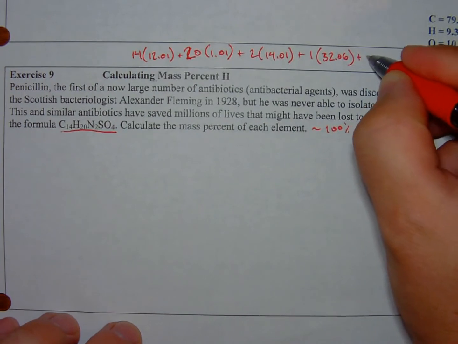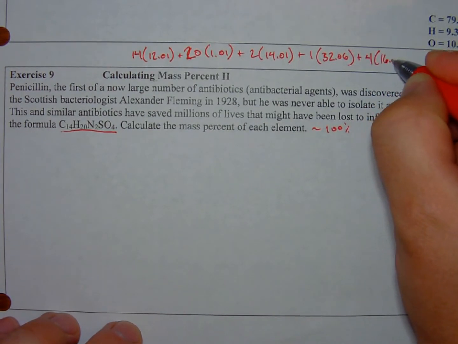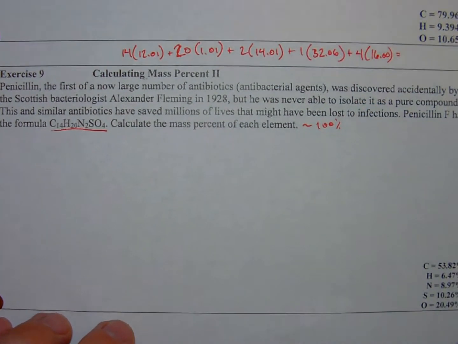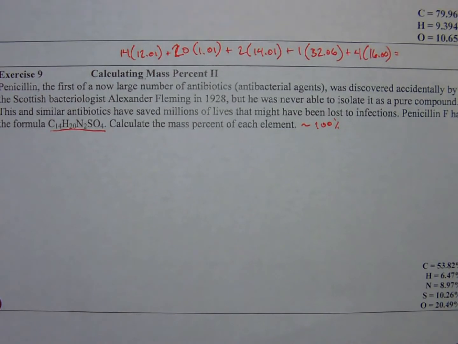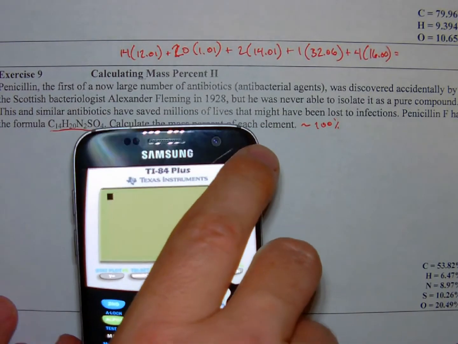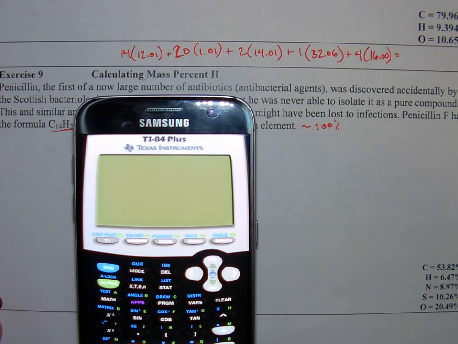And then 4 oxygens, coming at 16.00 a pop. So let's get that molar mass of the entire molecule first.